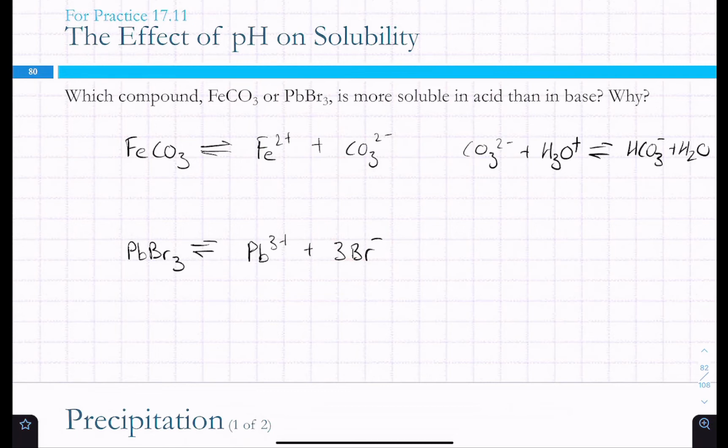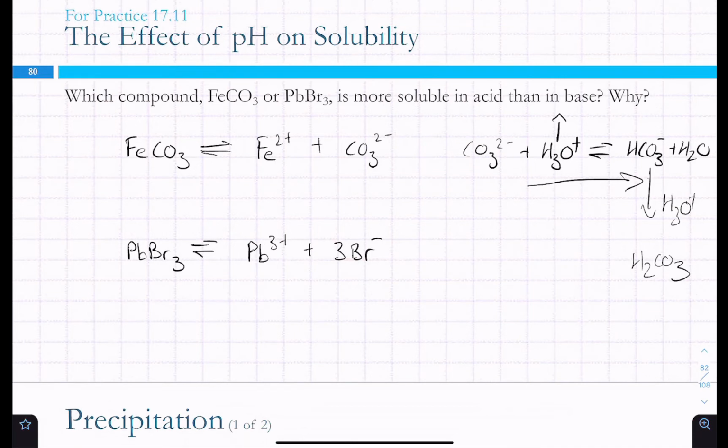So it's reacting with, if we have a high concentration of H3O+, that's going to push this equilibrium over. It's going to use up that carbonate, and then even the HCO3- will also react with H3O+ and make H2CO3.